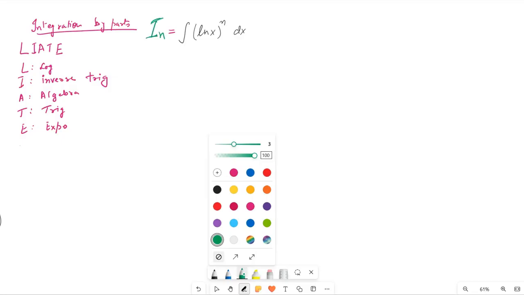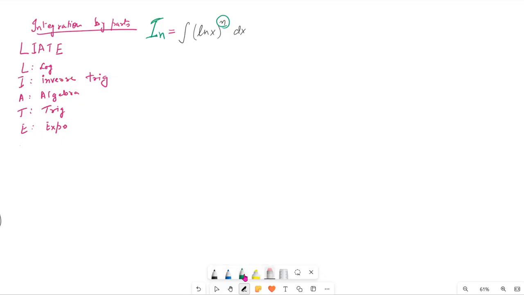I stands for integral, n because there is an n here. Let's try to work it out using integration by parts. Again, this function only has one function in here, natural log of x to the power n. There is nothing else. So to manipulate another function, I just write 1 here.